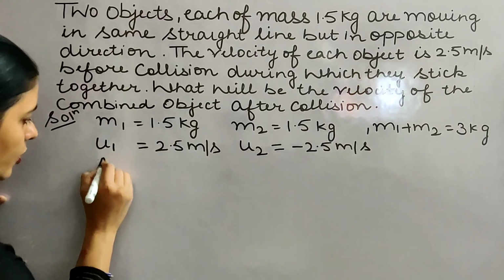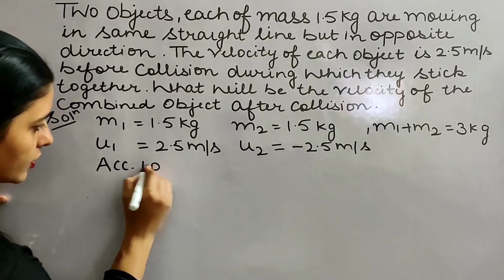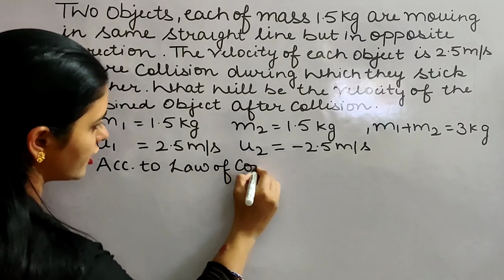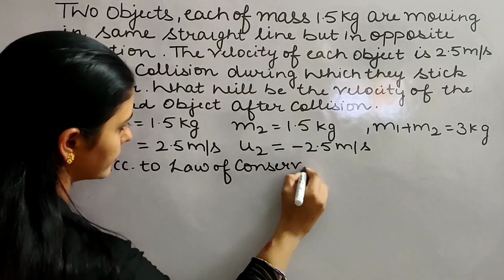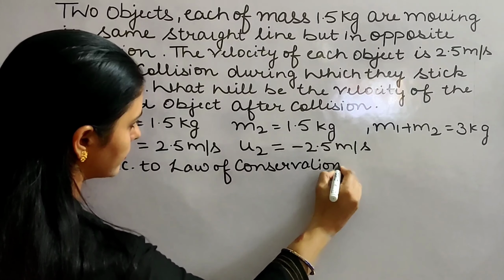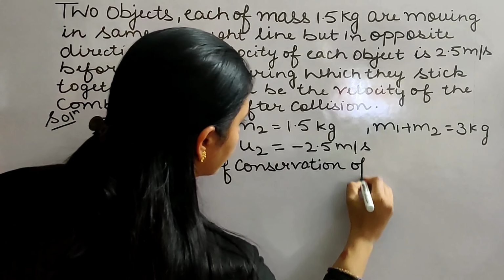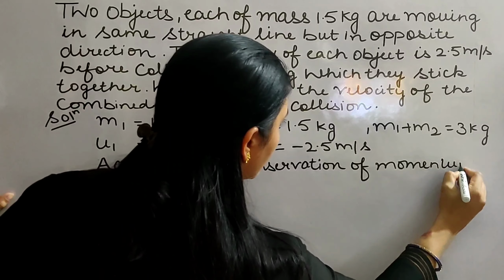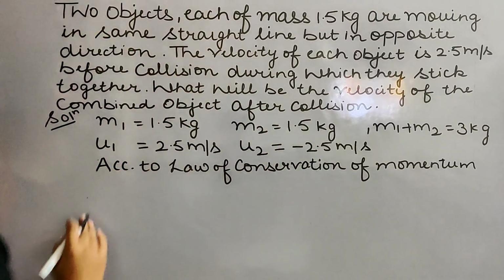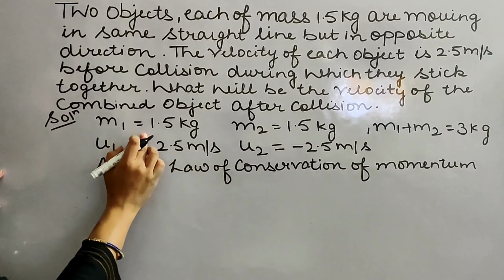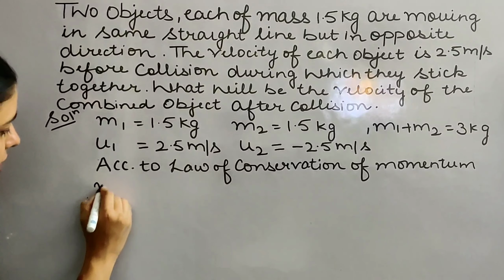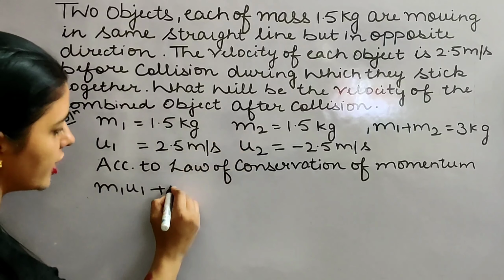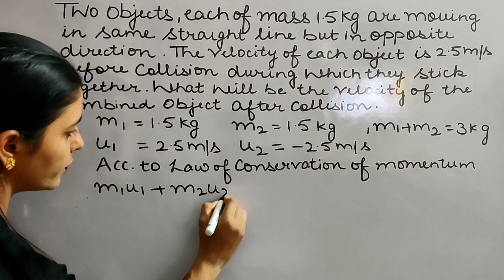So, according to law of conservation of momentum, total momentum before collision, that means for first object momentum is m1 u1 plus for second object m2 u2.